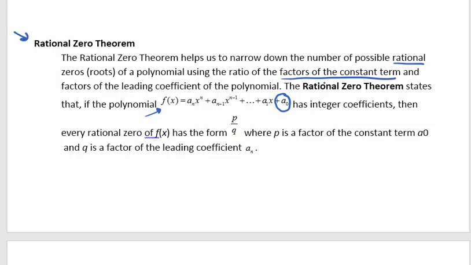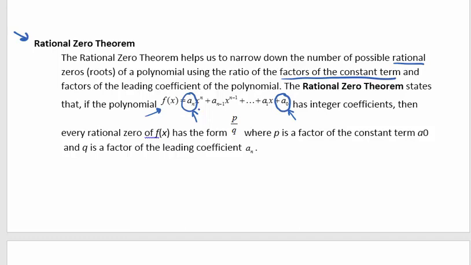So we'll take factors of the constant term over factors of the leading coefficient. The leading coefficient is the coefficient on our highest power term. Those combinations are going to be our possible rational roots of our polynomial function.